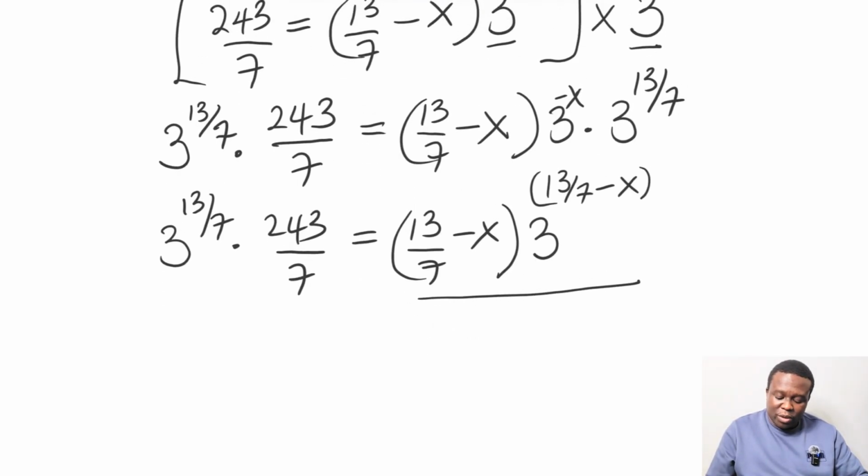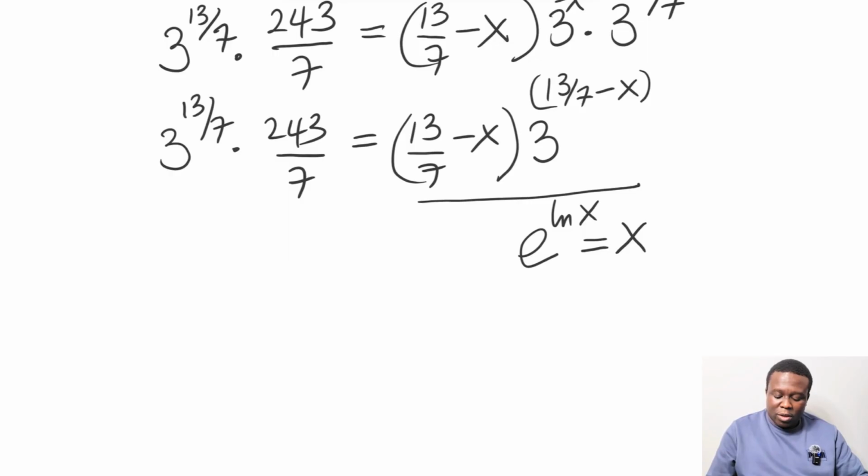And to do that, we know that e raised to the power ln of x is equal to x. So x can be any value. In our own case, we have 3, so let's rewrite 3 in this e raised to the power ln of x format.